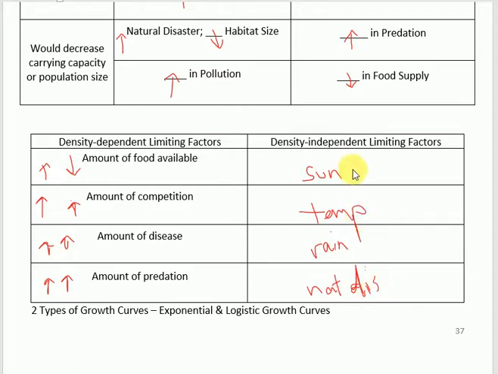First of all, density independent, basically the population does not control how much sun it gets. It does not control what the temperature is. It does not control how much rain. It does not control natural disasters. So that is why it's independent. Also, I want to point out that all the things that I listed here are abiotic, but that does not mean that a density independent limiting factor is not or could not be biotic.